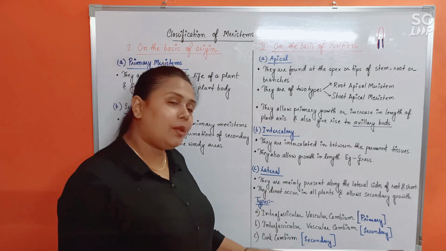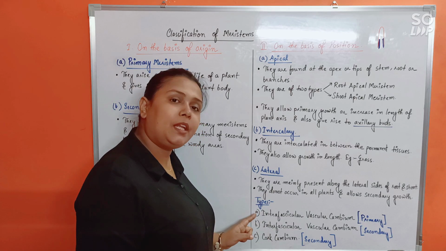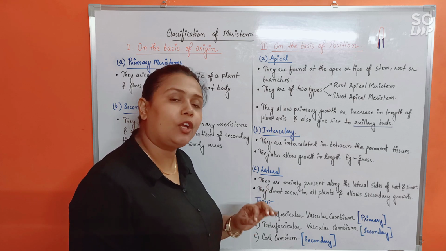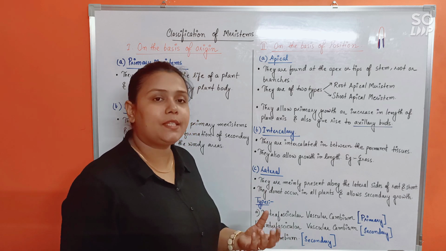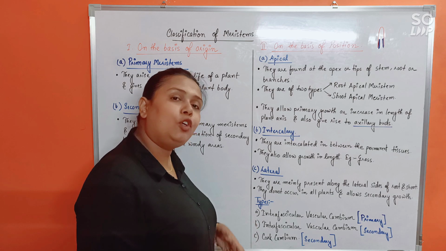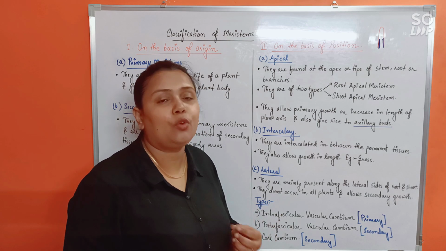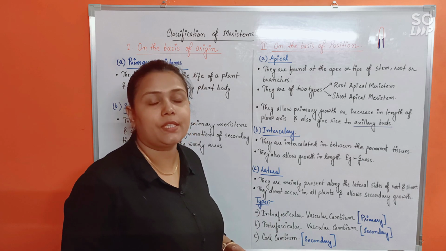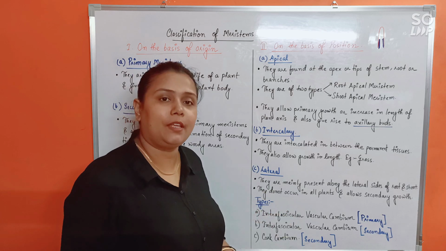Means all three are lateral meristems, but the first one will remain in the plant body from the early or initial growth phase. From the beginning of the plant's life cycle itself, it would be present. But the later two would only arise in the plant body when the plant has matured or entered the secondary growth phase. They won't be present from the very beginning.